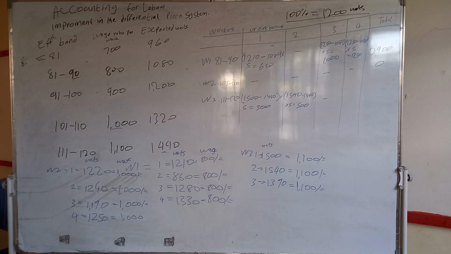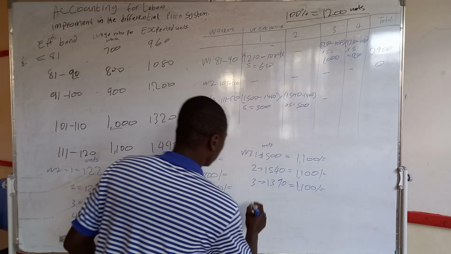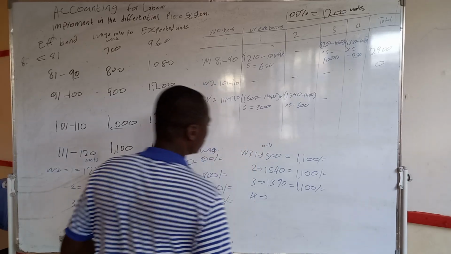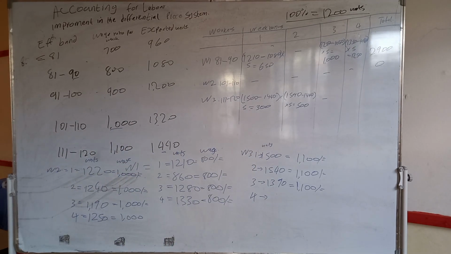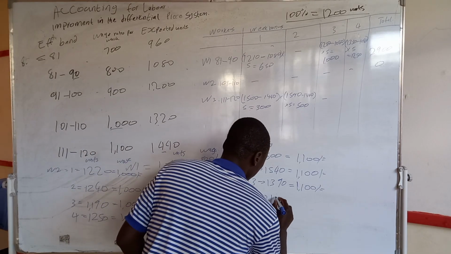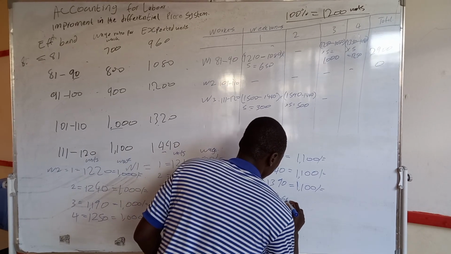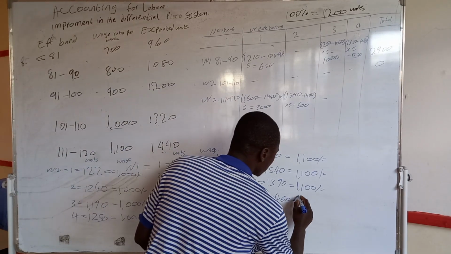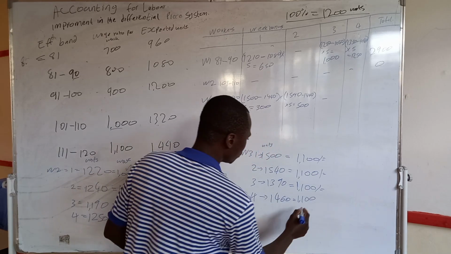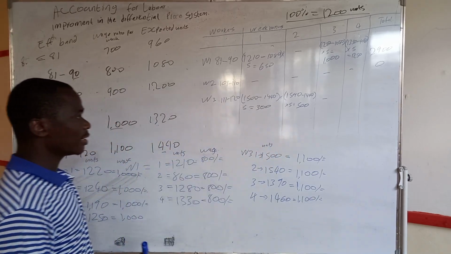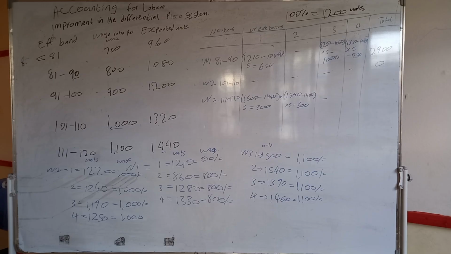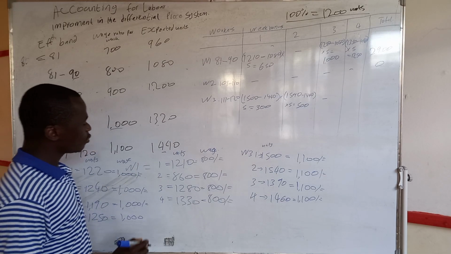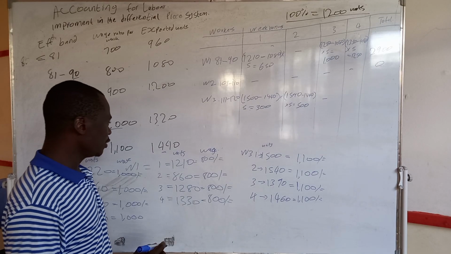Now, what about week 4? Week 4 he produced 1,460 units. The meaning is the fixed wage remains 1,100. Okay? Any bonus? Yes, there is a bonus. He surpassed 1,440. By how many? By 20.